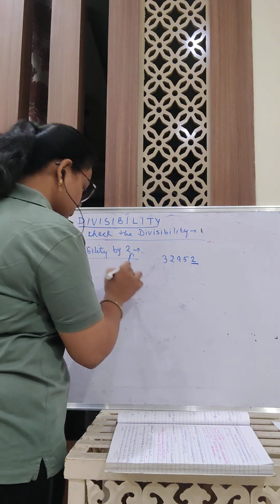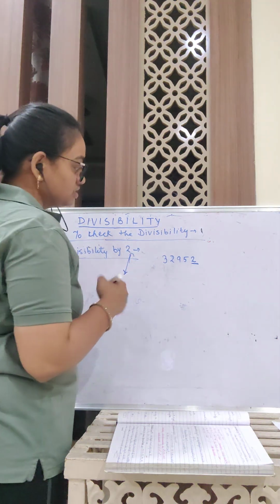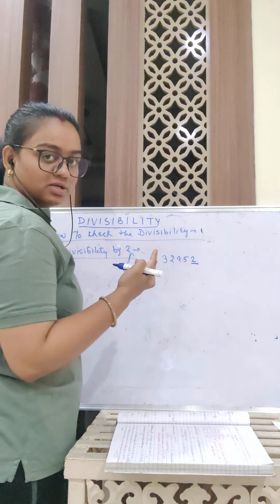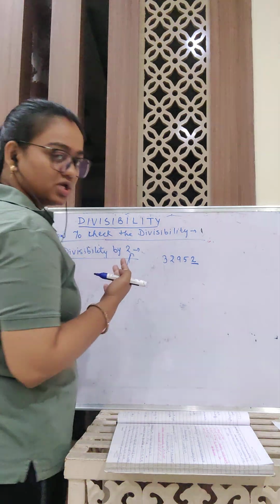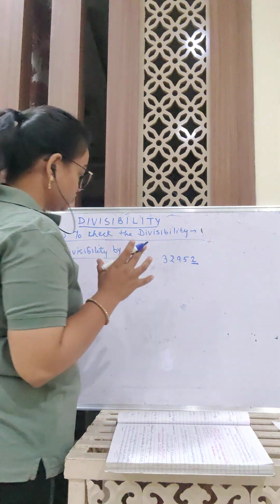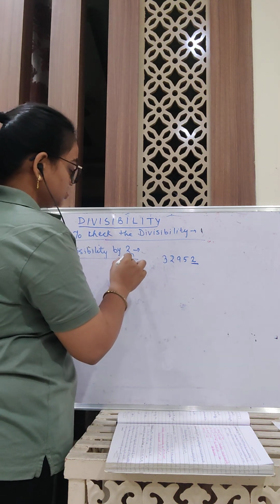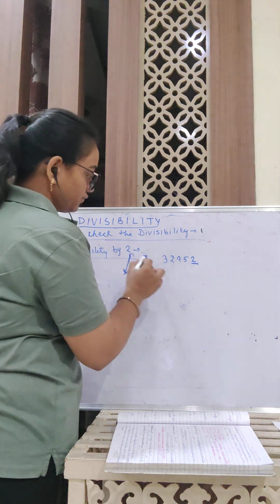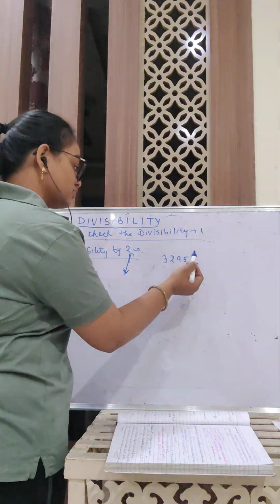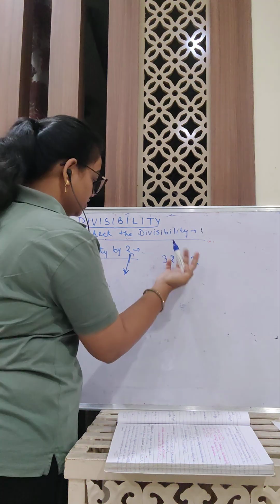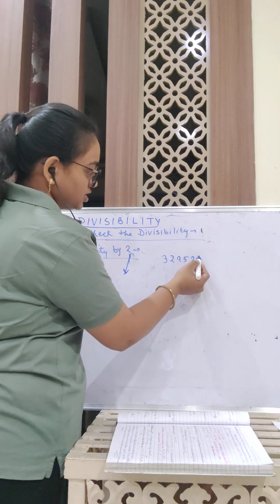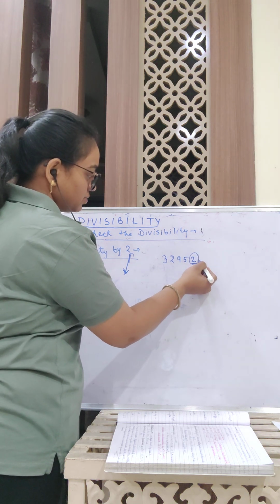If the last number is divisible by 2, then the whole number will be divisible by 2. So for checking the divisibility by 2, we'll check the divisibility of only the last number by 2.